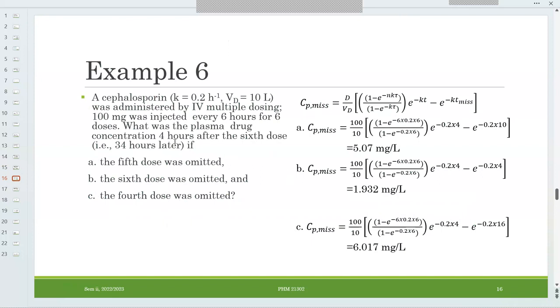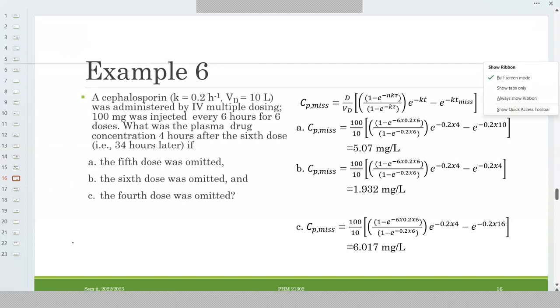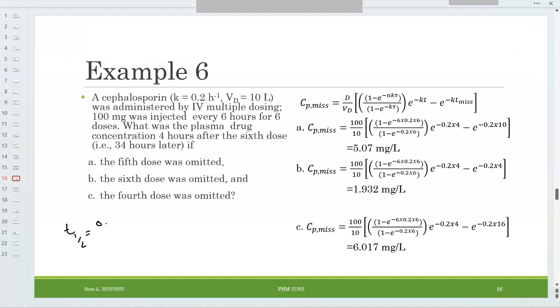First we want to know whether we achieved steady state or not, so that we know which equation we are going to use. To know whether steady state is achieved, first you need to calculate the T-half. We don't have the T-half, so you first calculate it. T-half equals 0.693 divided by K, which is 0.2.